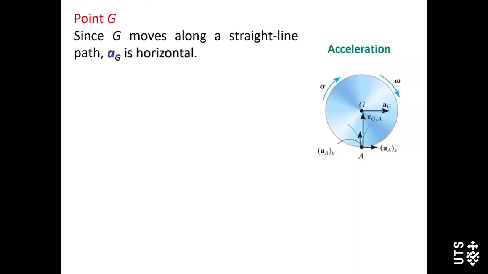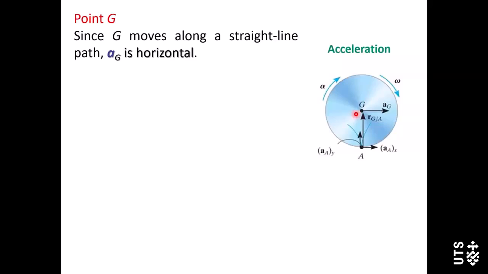Now, acceleration analysis. We still look at point G and point A. Firstly, point G. We already know point G is moving along a horizontal straight line. So AG must be horizontal, and that means the y component of AG, AGY, must be 0.